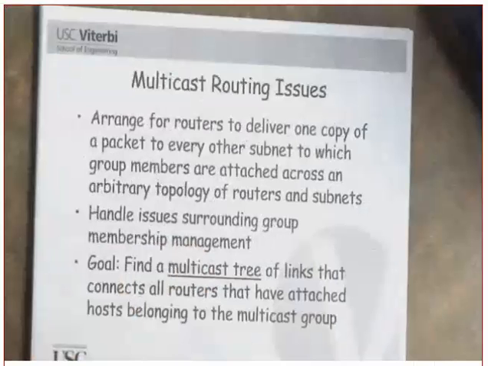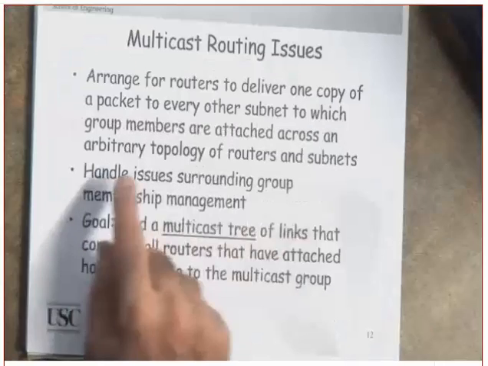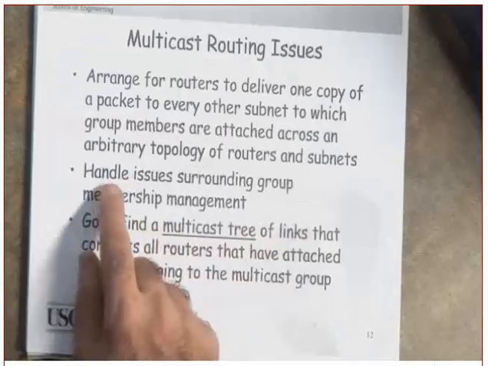And again, we will see each one of them. Let's start with the source-based tree, and we will look at reverse path forwarding. Let's see if you can help me here. Now, in reverse path forwarding, what do we have?